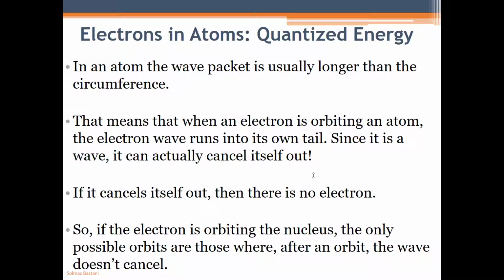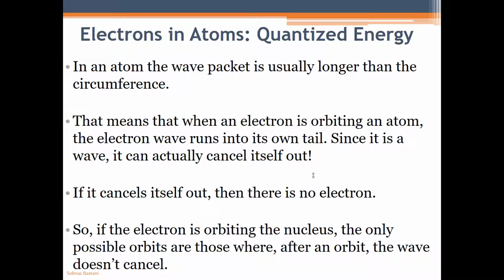Now, because the wave packet of this electron is very long, longer than the circumference of the orbit, the electron wave can run into its own tail. So it is so long that the head will reach the tail.